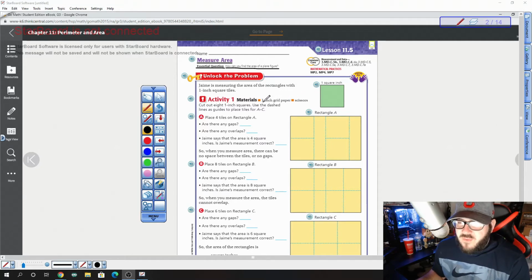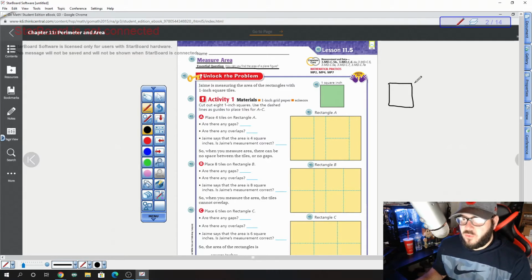If you do not have 1-inch grid paper, you could still do this by having a ruler and measuring out some 1-inch squares. So you would take your ruler and measure and make sure each side is 1 inch long. You'd measure 1 inch down, draw a line, 1 inch over, draw a line, 1 inch up, draw a line, and 1 inch on the top and draw your line to make your 1-inch squares. Then you would cut them out with your scissors.